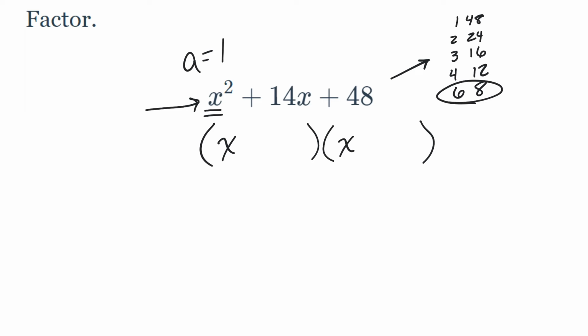So the numbers that can become 14 by adding and 48 by multiplying are the number 6 and the number 8. And we need both of these to be positive. So that is the factored form of x squared plus 14x plus 48. If you're not sure, you can distribute these and see that it comes back to the original term. You can graph them and see where it crosses the x-axis.